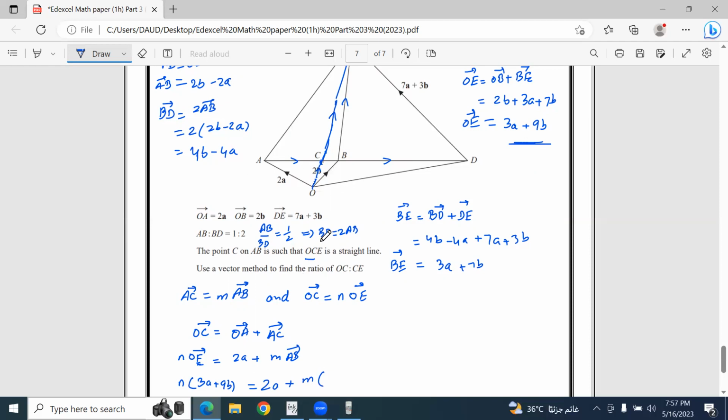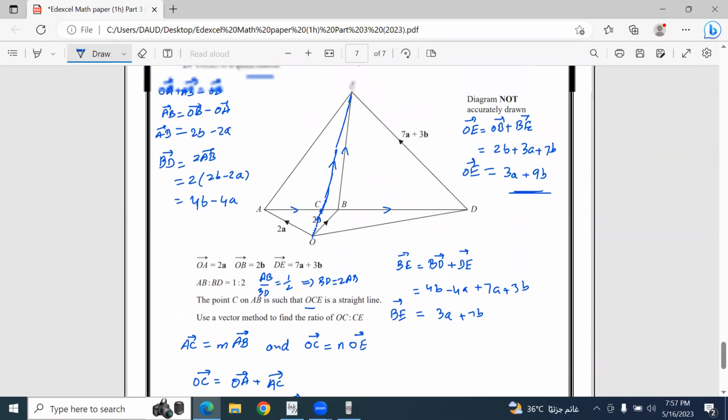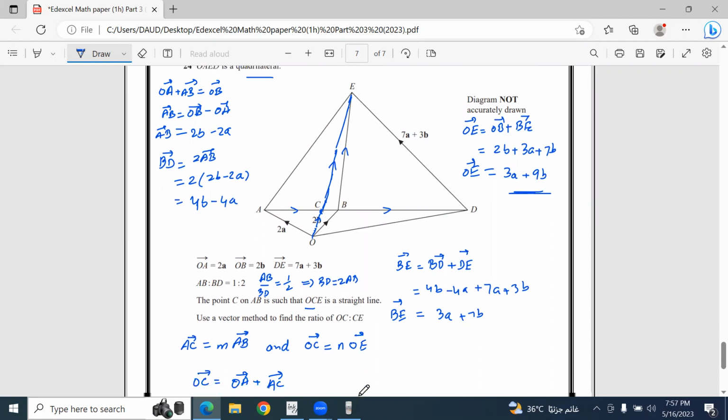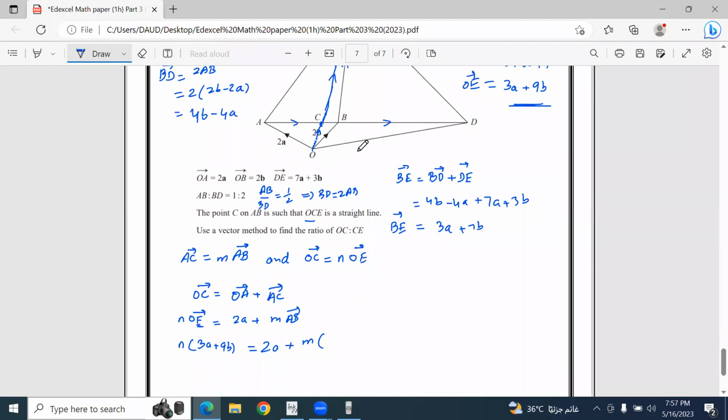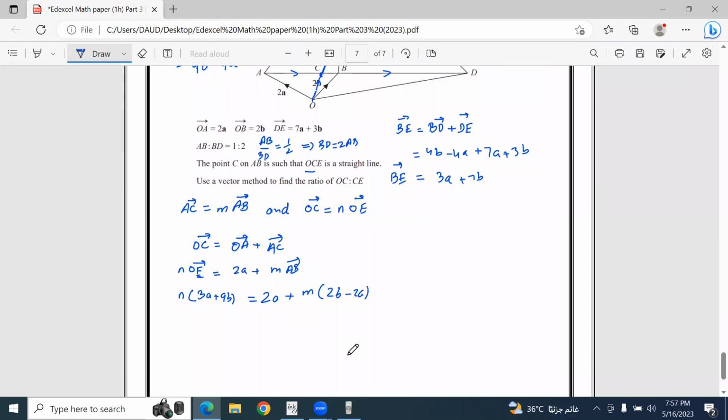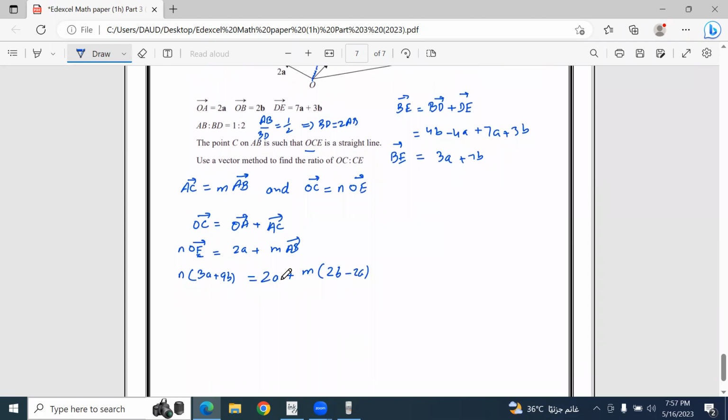AB, we also know that in the start of the question, if we go up, you can see that AB is 2B minus 2A. So I will replace the same value, 2B minus 2A. Now I will try to figure out the value of M and N. So next step, multiply N inside.